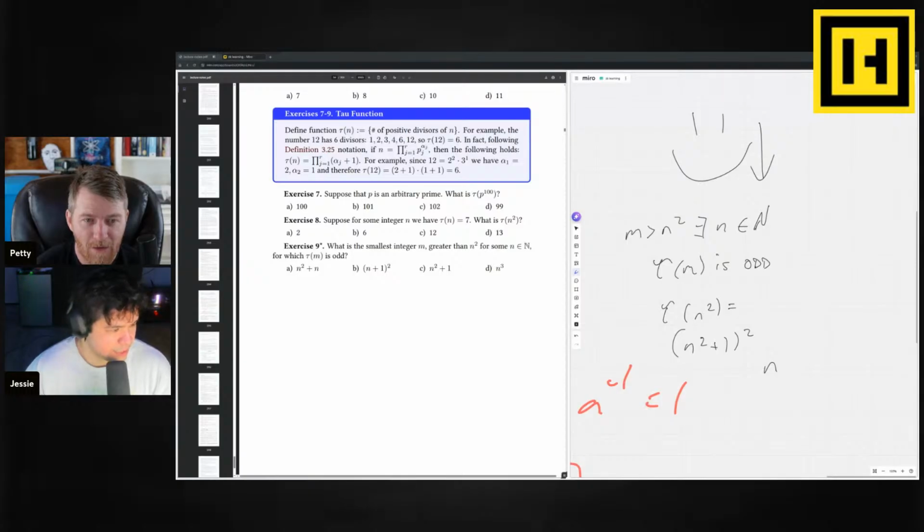That was a lemma about the tau function that it gave us in this blue box. And so because of that, we need to find the smallest perfect square above n squared, which is going to be n plus 1 squared. I see. Wait, hold on.